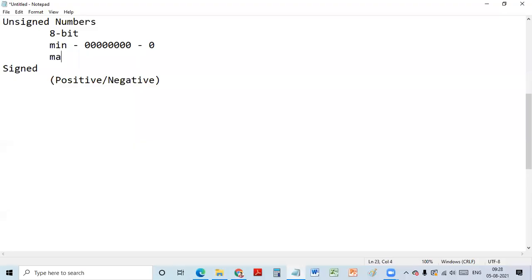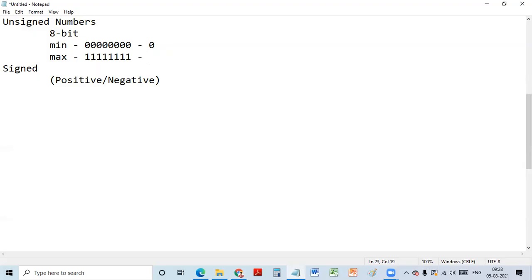When we come to the maximum number that I can represent, all the bits are ones. In binary, out of 0 and 1, 1 is the maximum. So I'm replacing all the bits with 1. With this, what is the value that we can represent in decimal? In decimal, what is its corresponding value? 2 power 9 minus 1, 511?